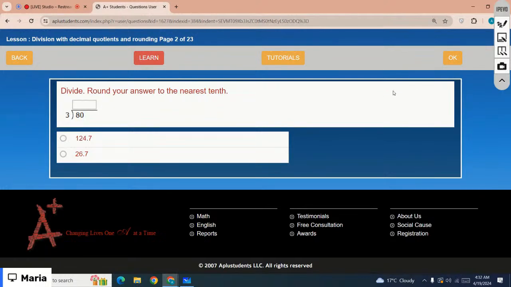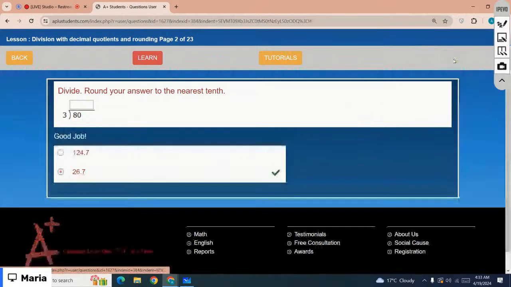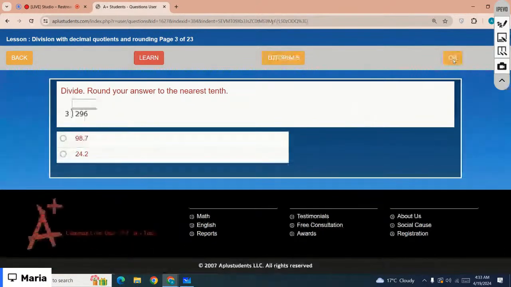Option number 2 is the correct option. 296 divided by 3, which is the correct option.